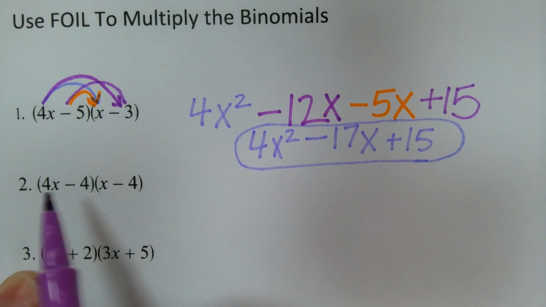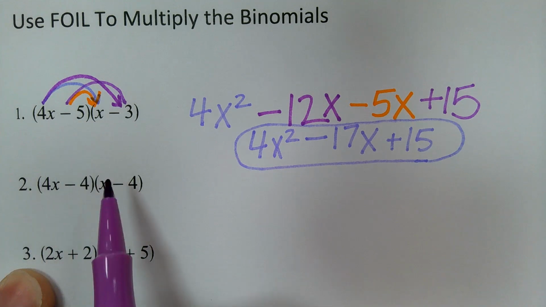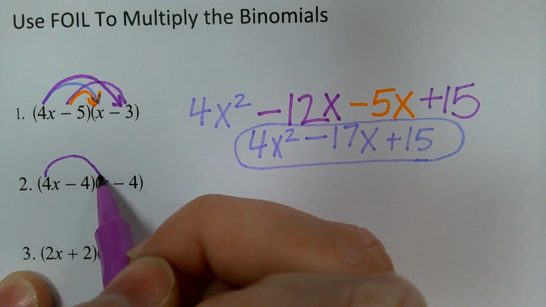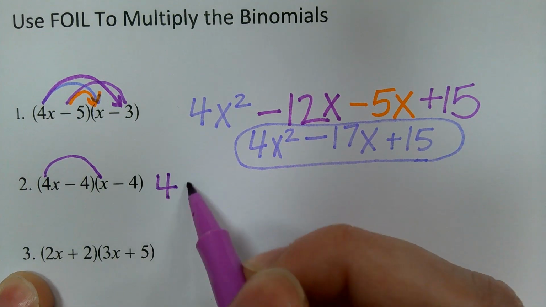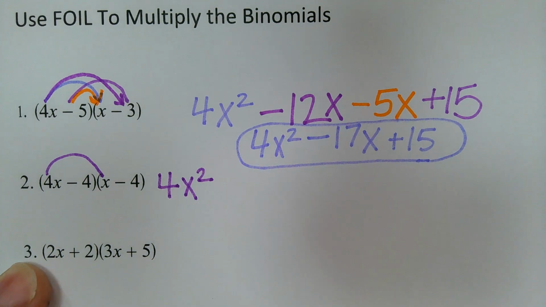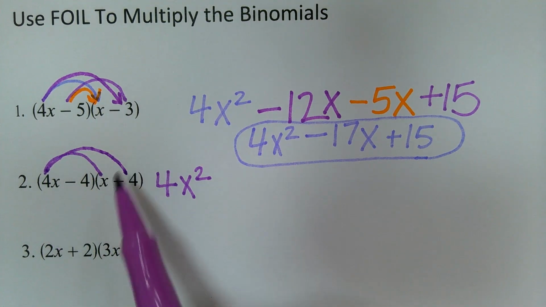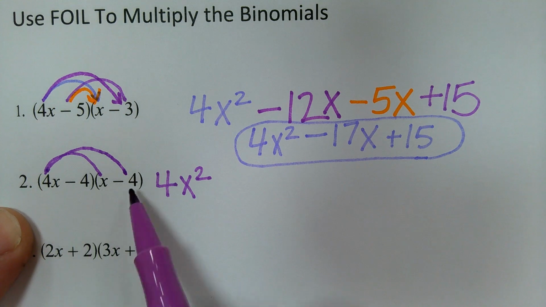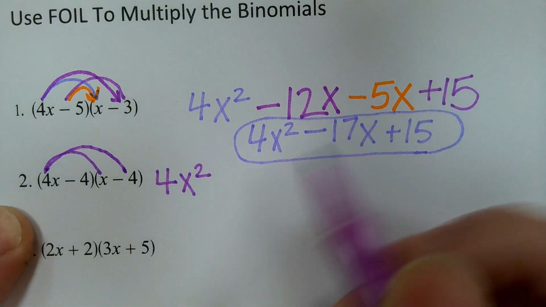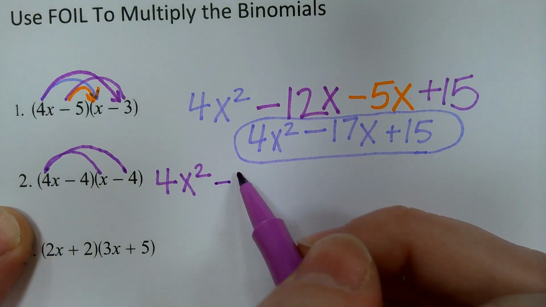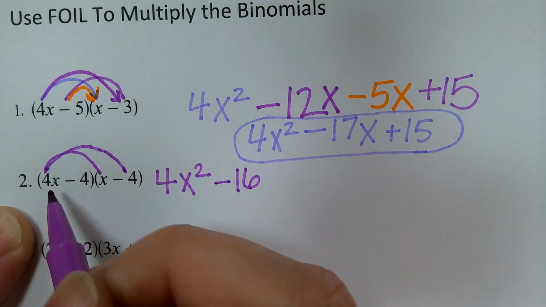What should I do first here? First. Yeah, my first term's 4x times x, which is? 4x squared. Good. 4x squared. And then what do I do next? 4 times negative 4. Yeah, 4x times negative 4. What's 4 times negative 4? Negative 16, and I've got an x.